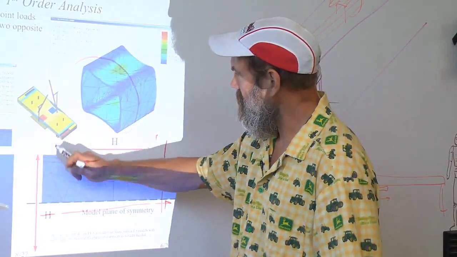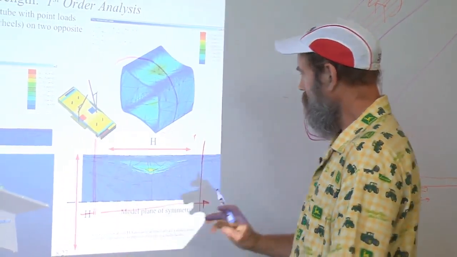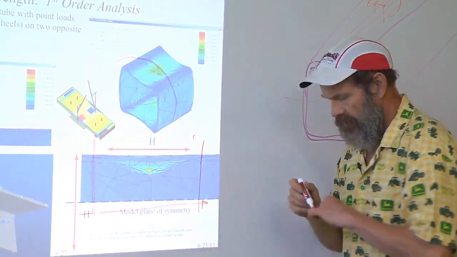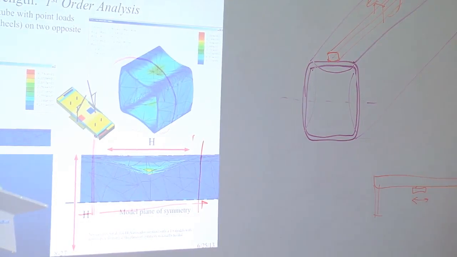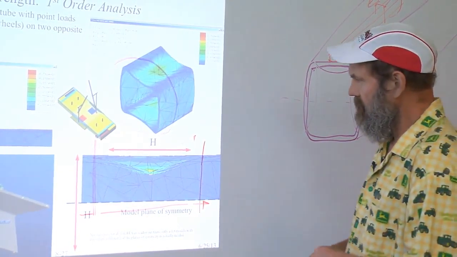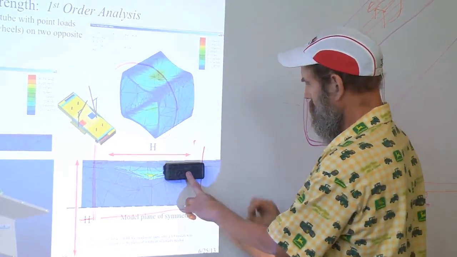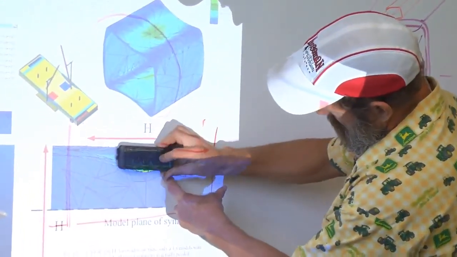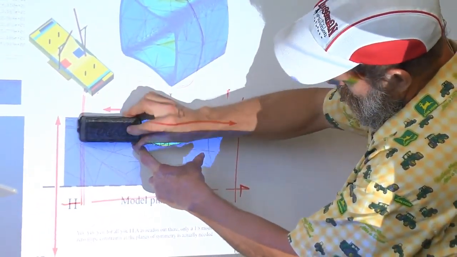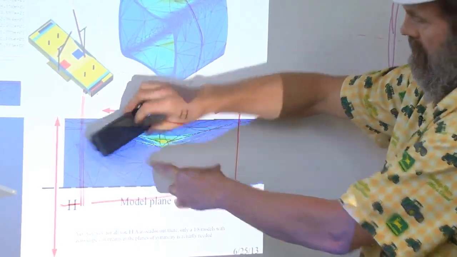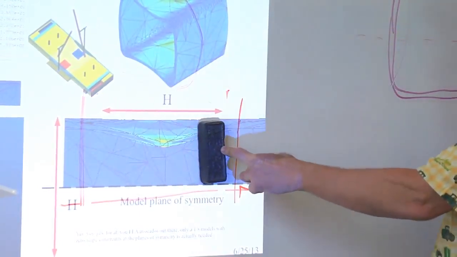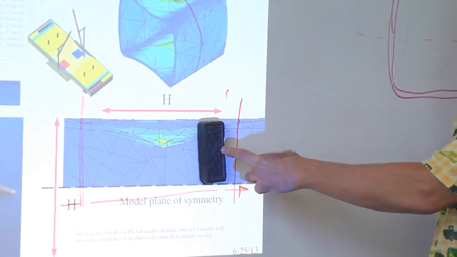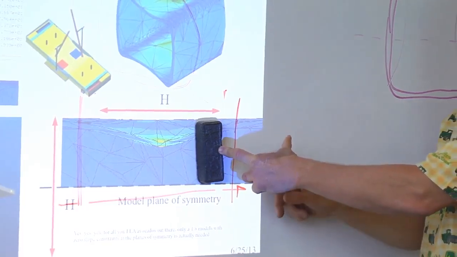A little more accurate. I like that. So what is happening here? This is 1, 2, 3 erasers long, and 1 eraser tall. Hey! St. Venant's principle, baby.